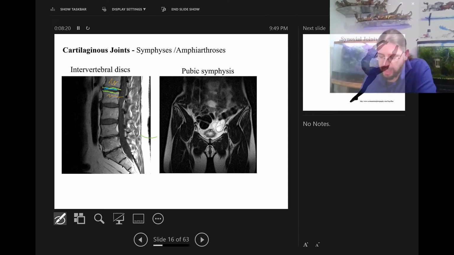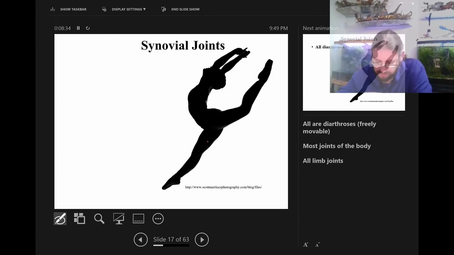So not too bad. And then right here, there's the two halves of the pubis. So again, not too terrible, which brings us to the most complicated joints, the synovial joints.